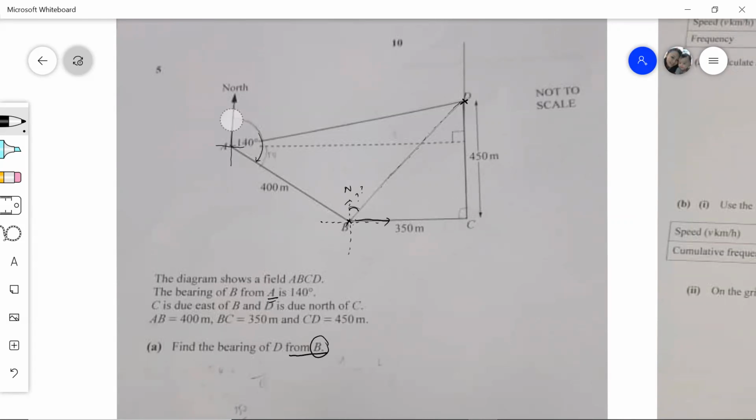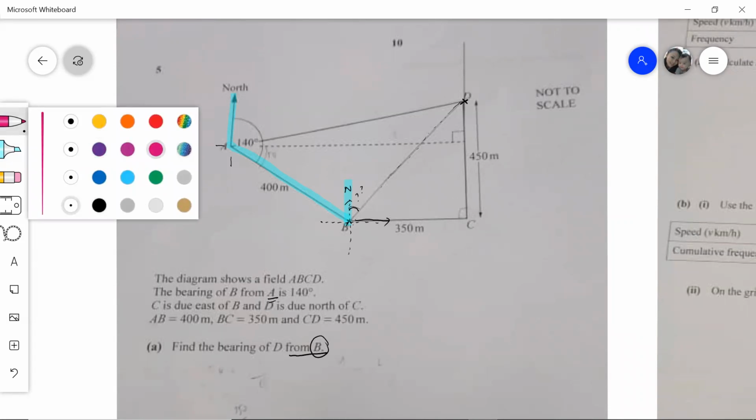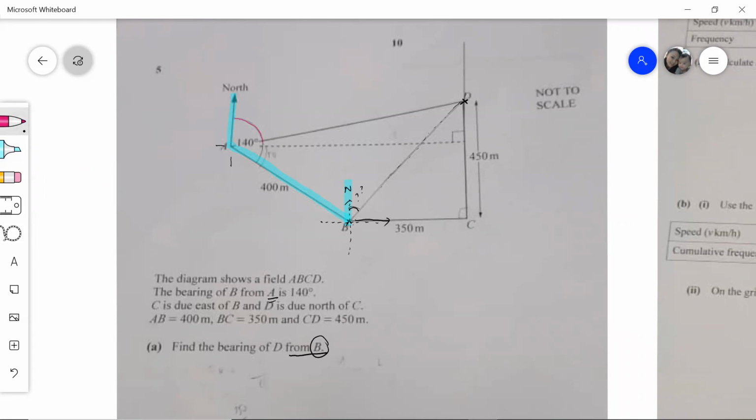Now we know that this is 140, and we know that this is parallel. So when it is parallel, the line that joins them will form the interior angle. That means if this side is 140, therefore this side will be 40 degrees.